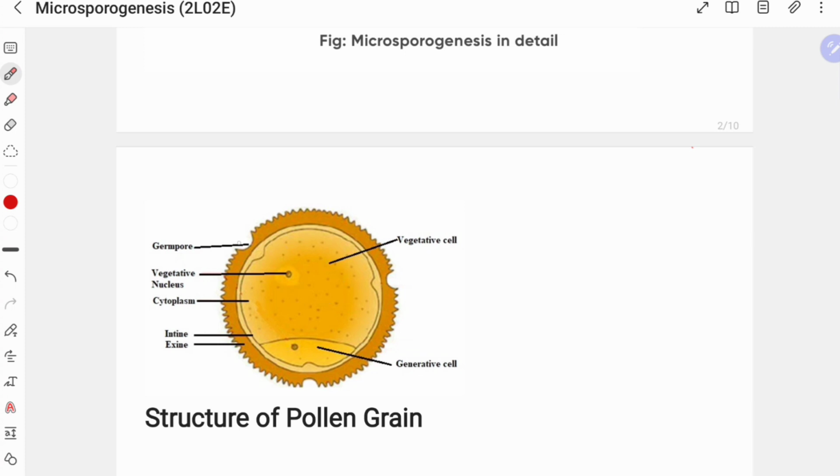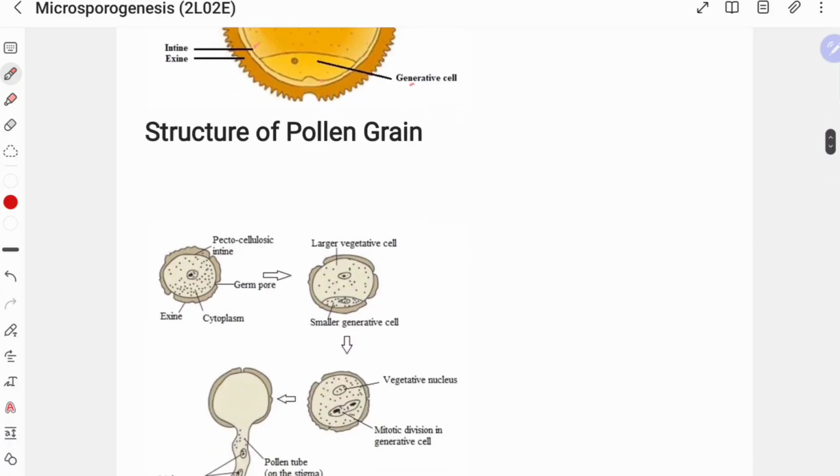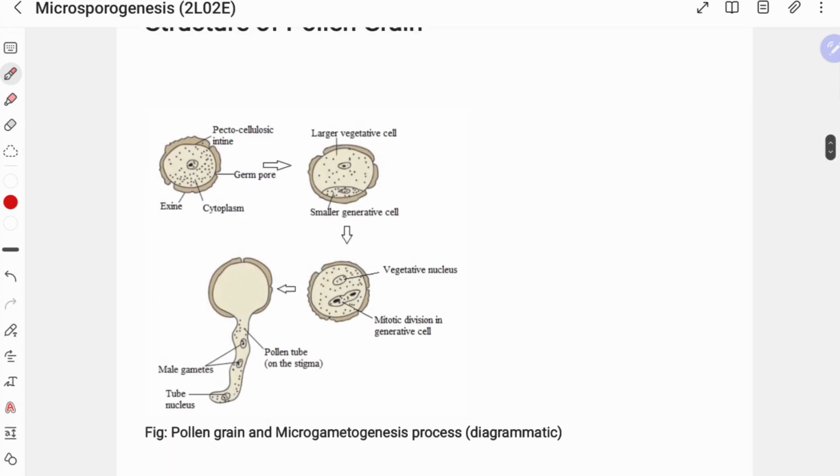On the outer side you see the germ pores, the vegetative nucleus inside, the vegetative cell and the cytoplasm. The inner layer is called intine, the outer layer is called exine, and there is the generative cell. Here it is even clearer how the male gametophyte is formed.